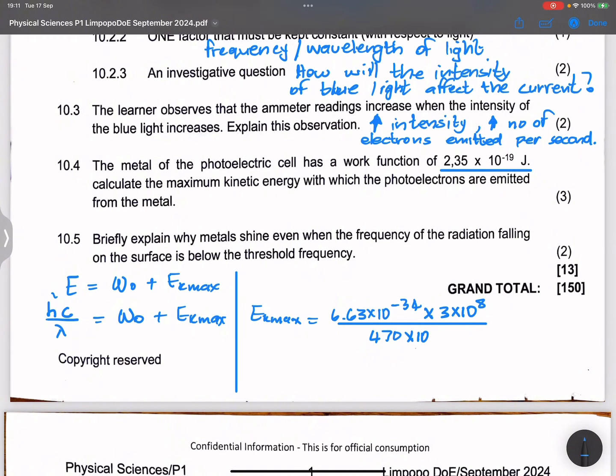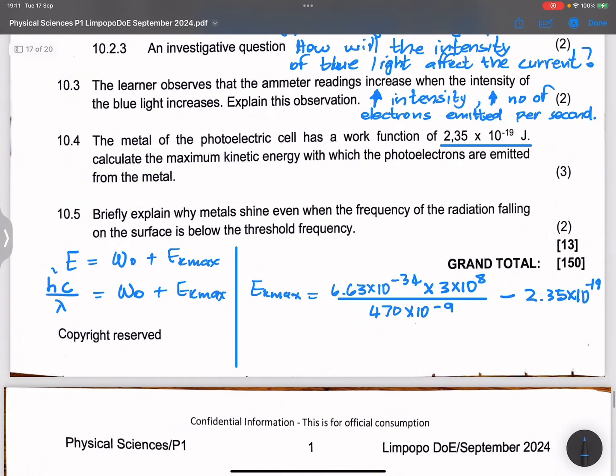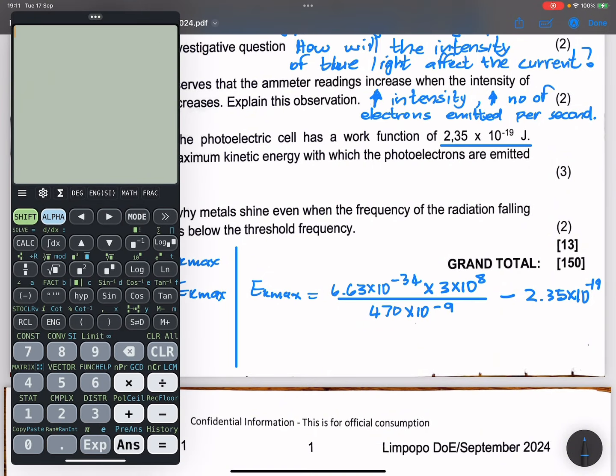Nano is times 10 to the power minus 9. And this is minus the work function, that's 2.35 times 10 to the power minus 19. Ladies and gents, let's reach the conclusion.